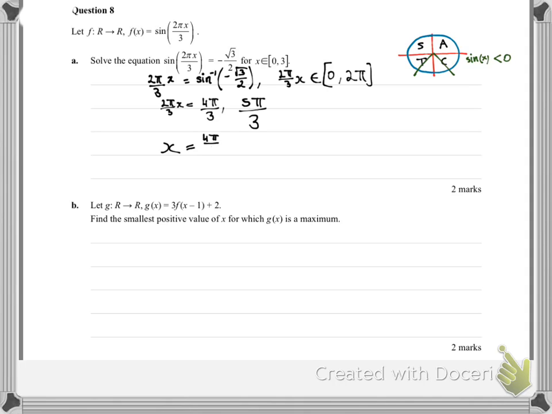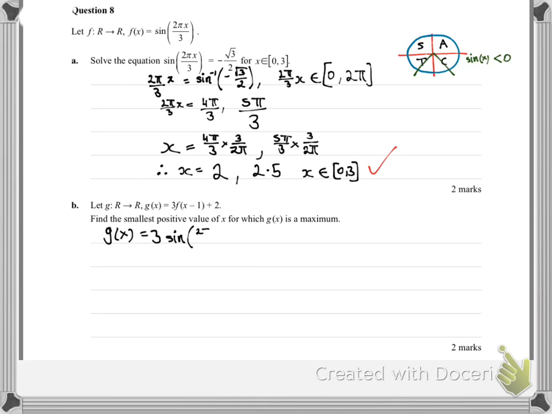Okay, now let's transpose for x. Multiply by the reciprocal of this factor. And we get 2 and 2.5. Now what's important is to check, are those values within our domain for x? Yes, they are. Good. So it must be correct.